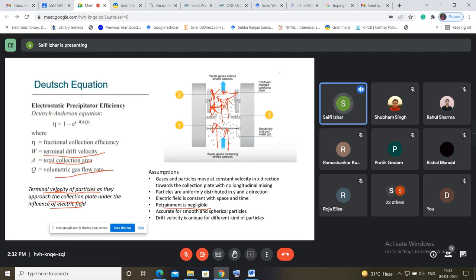So once the particle sticks, it remains stuck until the process of dislodging happens. And this equation is again derived, like every time, assuming the particle is spherical in nature. That is why whenever volume is calculated, you go with 4 by 3 pi r cube.